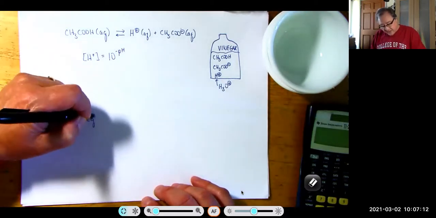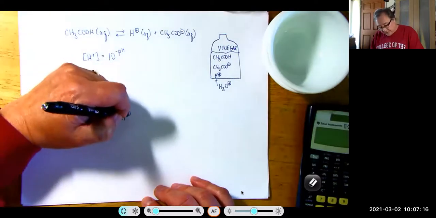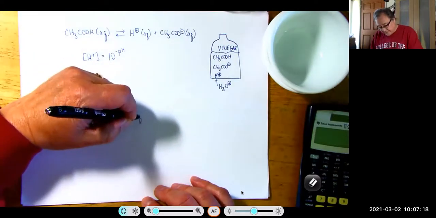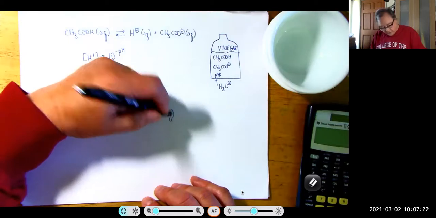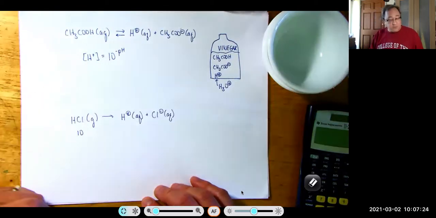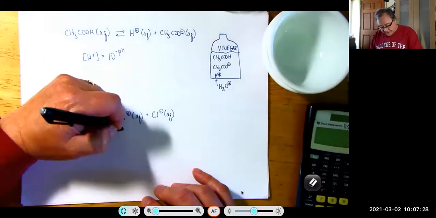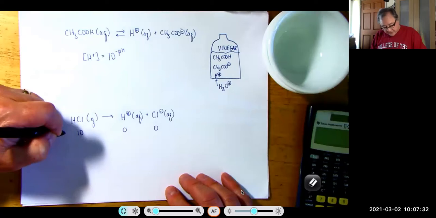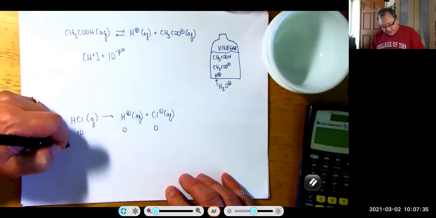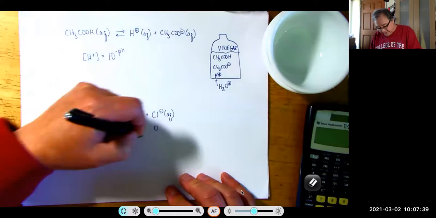So HCl is a gas. When you pass it into water, you get H plus ions and you get chloride ions. So if you put 10 molecules of HCl in water and start off with 0 here and 0 here, after time, so we'll call this time 1 and this is time 2, you'll have 0 HCl molecules and you'll have 10 of these and 10 of these.